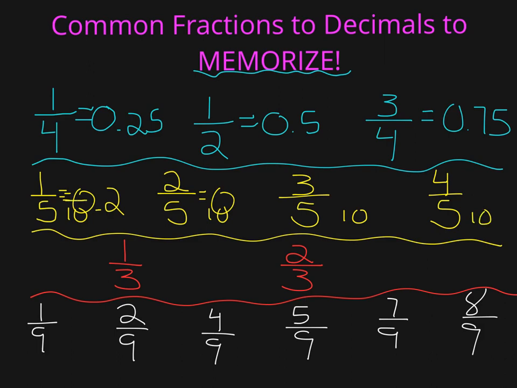So, to double the 5, you just double the top. 2/10, 4/10, 6/10, and 8/10. Now once it's written as a fraction with denominator 10, you can go straight to the decimal. Well, 2/10 is 0.2. This is 0.4, 0.6, and 0.8.